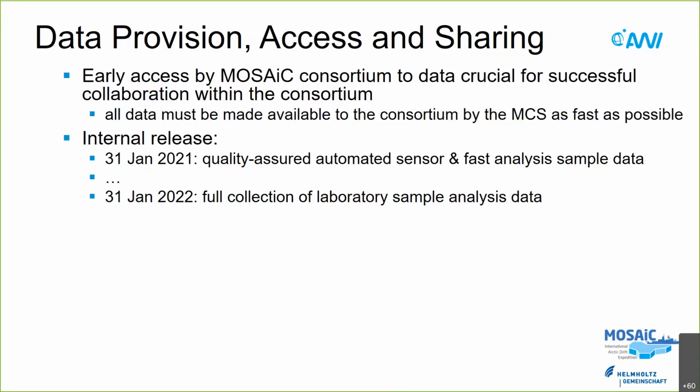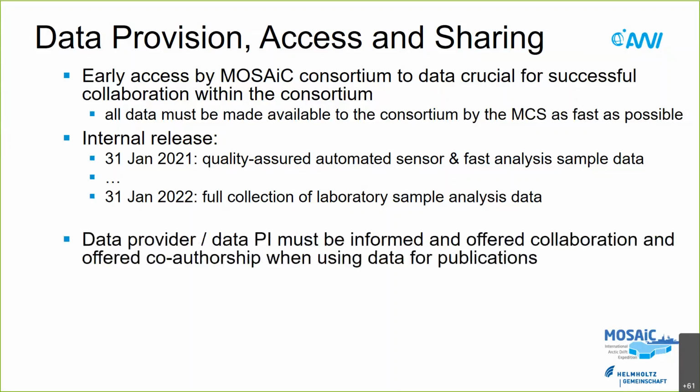But basically, by the beginning of 2020, all data, including laboratory sample analysis data, should be available for everyone from the MOSAiC project on central data storage. That means that you have these data at your hand. You can have a look at them. You can work with them and take them into account for your research.